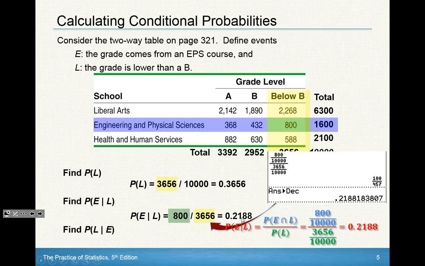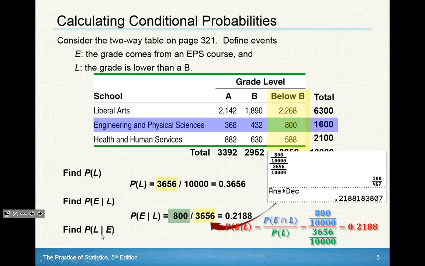So about 21.88% of students, given that they did score below a B, would have been in the EPS class. Yes, the way I did it is much more complicated, but again, sometimes you're not going to have all this individual data to go off of, and so you're going to have to be able to plug into the formula, and you see that you can get the same answer.